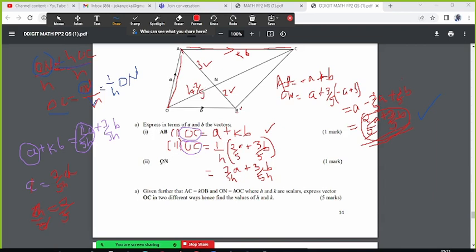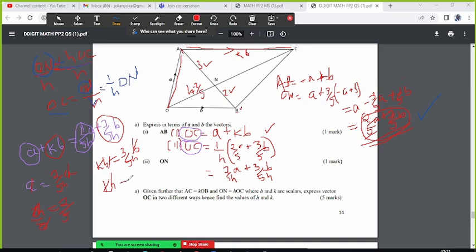And K, equate this one and this. KB equals 3 over 5 H B. B and B will go, cross multiply.